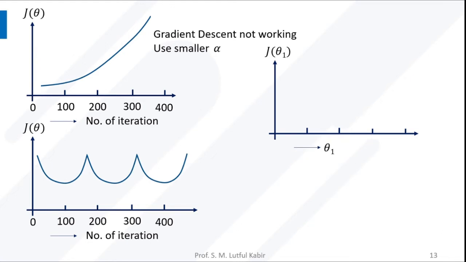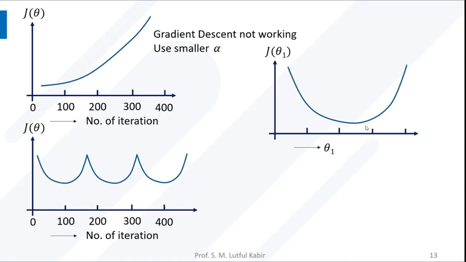Now let us discuss how the value of alpha, that means the learning rate, affects the convergence. You remember we plotted a curve J(theta 1) versus theta 1, where it was the problem of a single feature and theta 1 was existing but theta 0 was 0. So it is a single variable problem, and you plotted J(theta) with respect to theta 1.